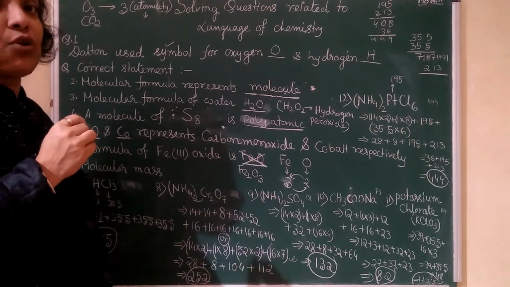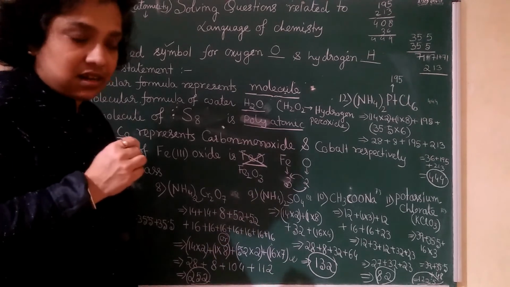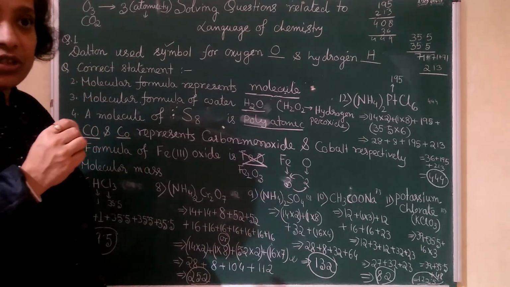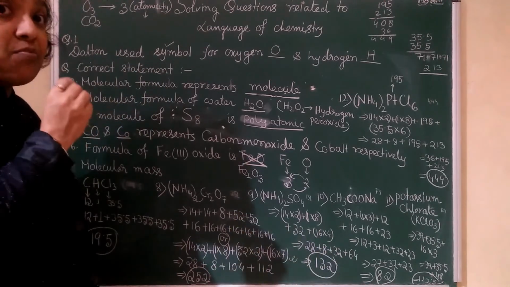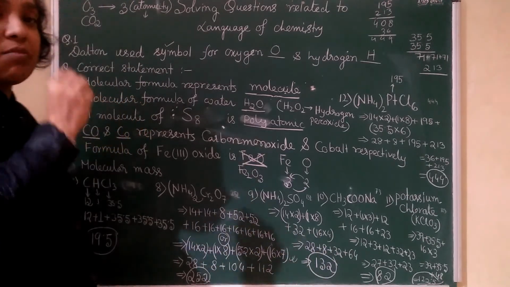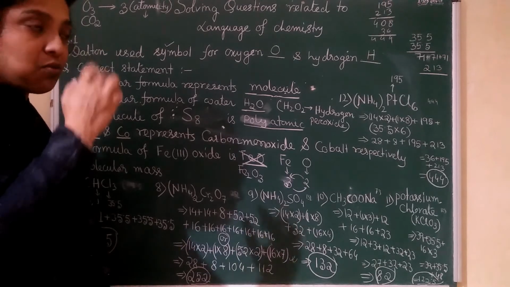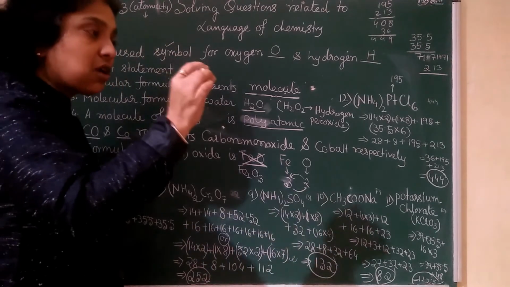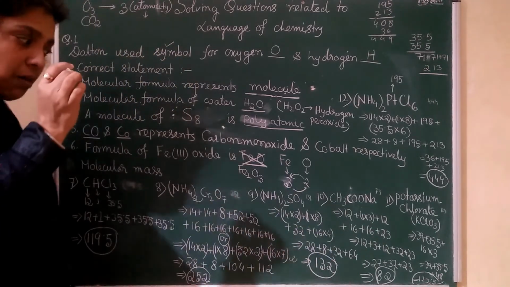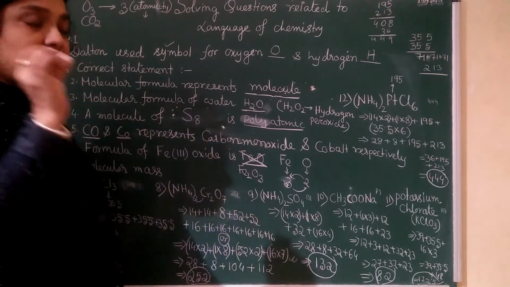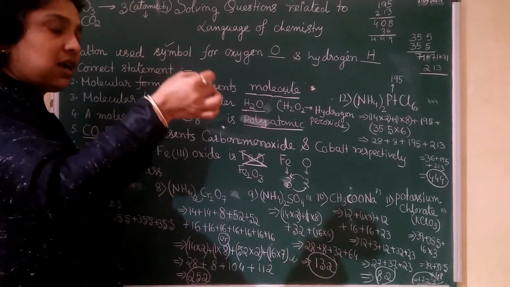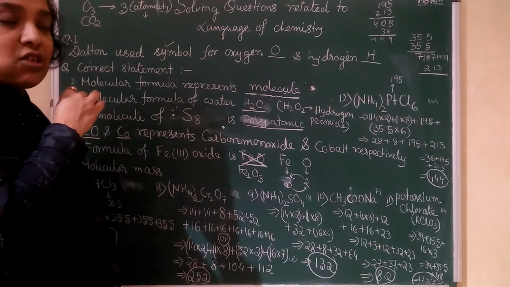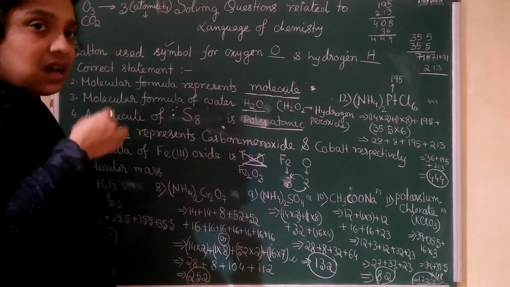Suppose potassium is lilac in color. Copper salt you take, in the blue flame of the Bunsen burner, in the blue zone, you take the salt on a platinum wire loop, an instrument, and if you do the flame test, it will produce that color.